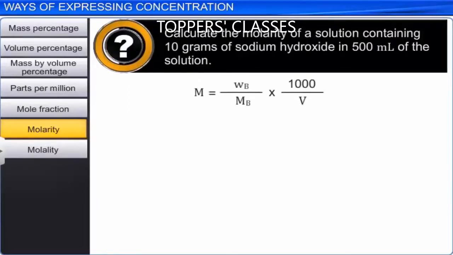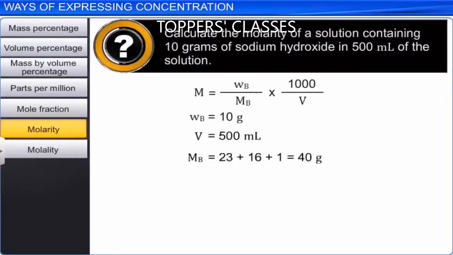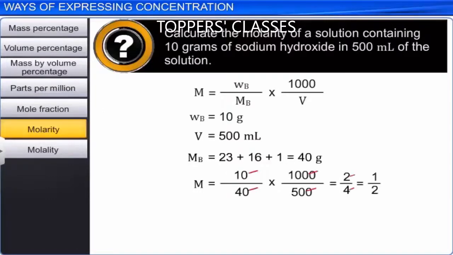That is, Wb is equal to 10 grams, V is equal to 500 ml, and molar mass Mb for sodium hydroxide is 40 grams per mole. Now, substituting the values in the formula and solving it, we get M is equal to 0.5 moles per liter.